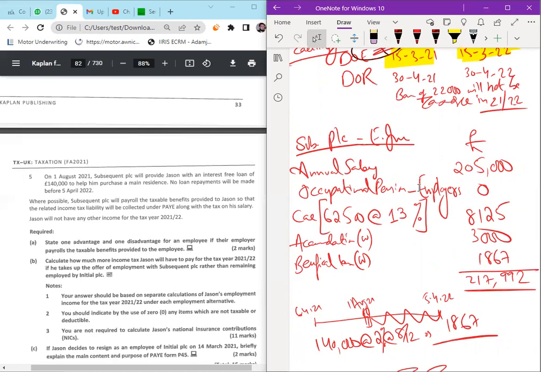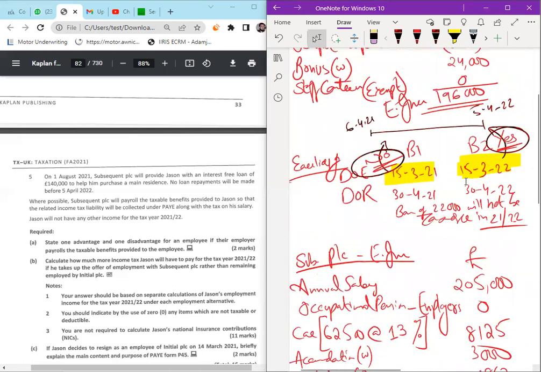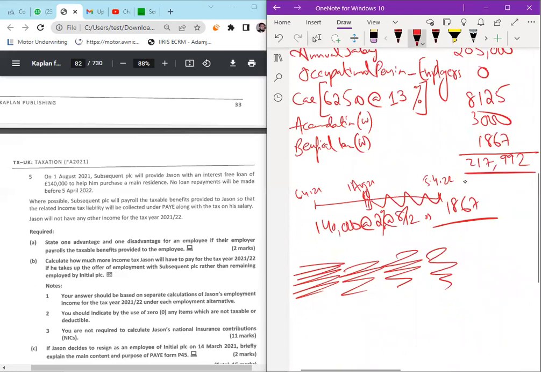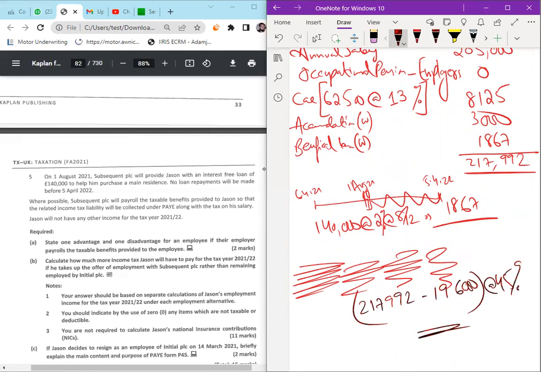Higher taxpayer is paying tax at 45% on the incomes above 150,000. So you can see, if currently he is earning 196, and if he accepts the offer of subsequent, he is going to earn 217. So 217,992 minus 196,000. The excess amount will be taxed at 45%. So how much additional tax he has to suffer? Just use the calculator. 9,896.